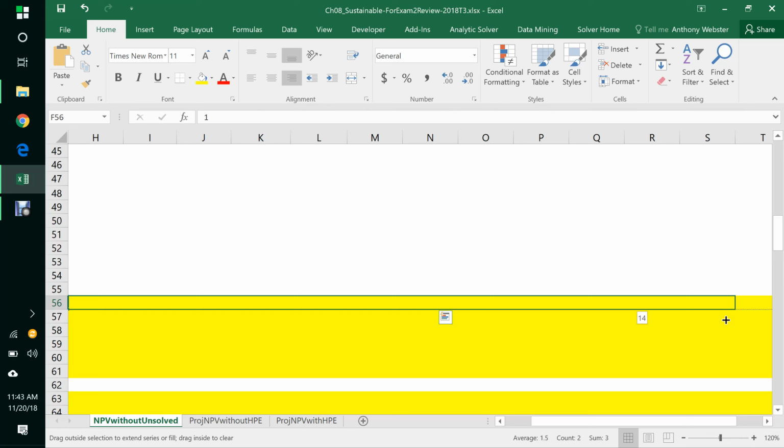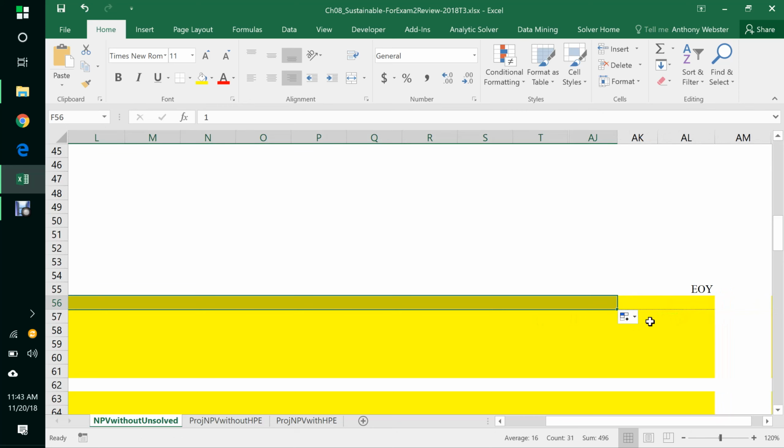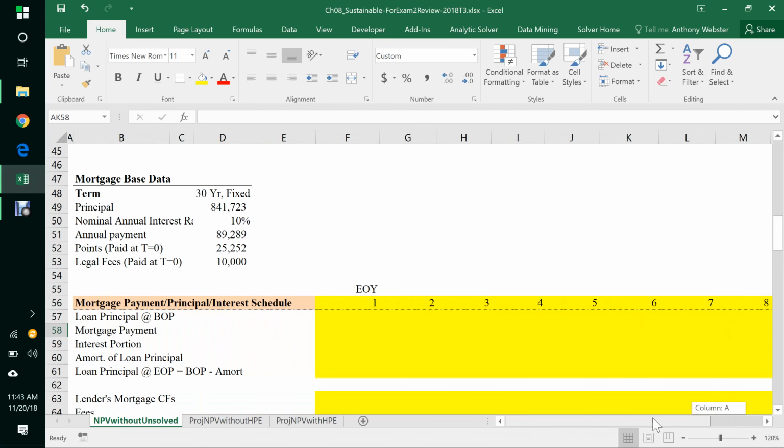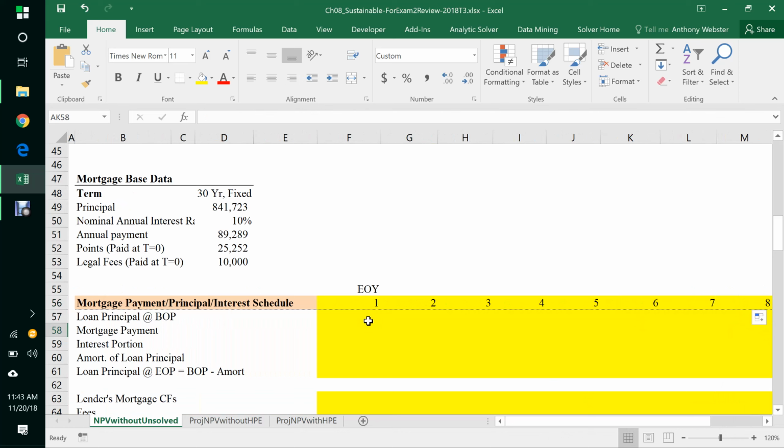How far out do I want to go to end of year what? Benny? 31. Absolutely, because 30-year mortgage starting at 1, that's going to get us out to 31. Okay, so, oh no, it goes out to 33. If I went out to 33, I'd be so wrong. Okay, so we're going to go to 31 and not worry that there's more yellow space out there.